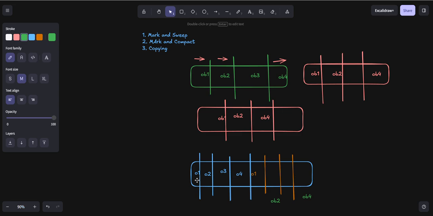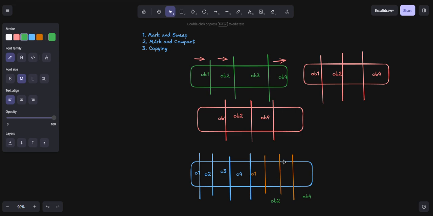So it will copy object 1 into the second region, object 2 also. It will not copy object 3 as it did not survive, and only copies object 4. But it also has the fragmentation issue. If you see, object 3's space is still there. So this is also one of the issues in copying, but the copying algorithm works fast.